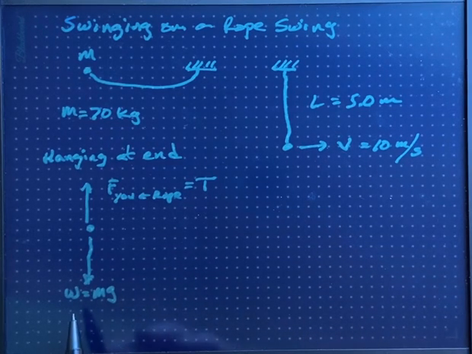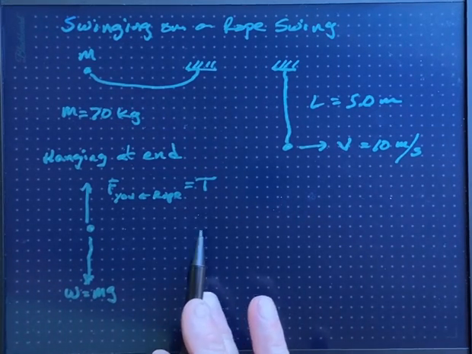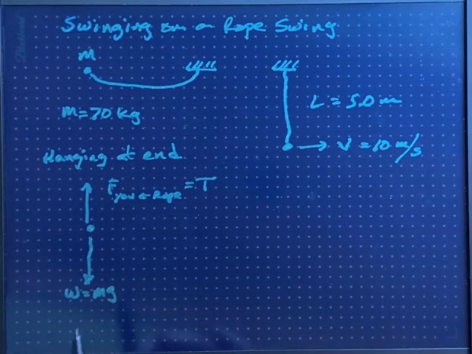We did the same thing with the weight. This is the force on you by earth because of gravity, and we shortened it to the weight. But let's not forget that this tension force is the force on you by the rope. And it's that thing that we need to figure out, because if the rope can't support a tension more than the rope is rated for, then the rope will break.